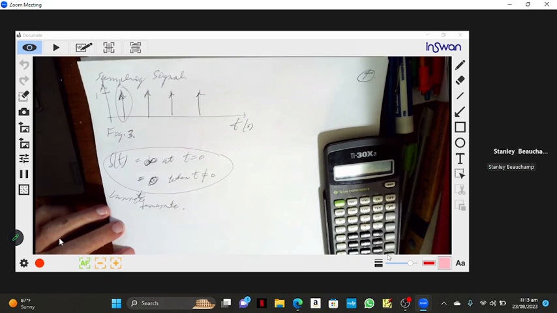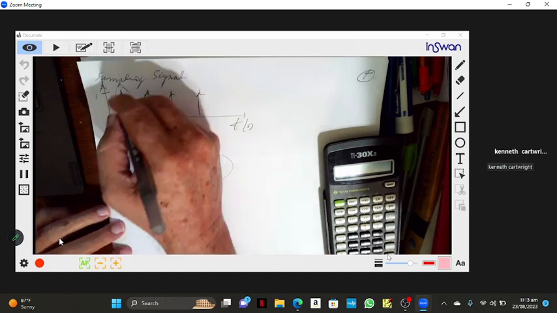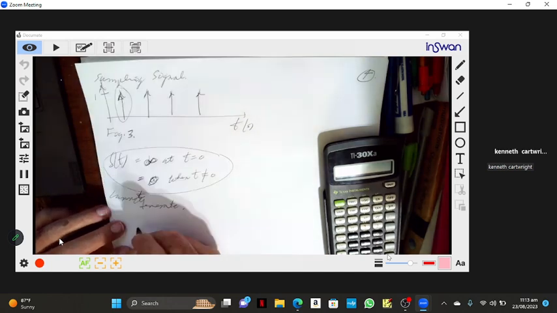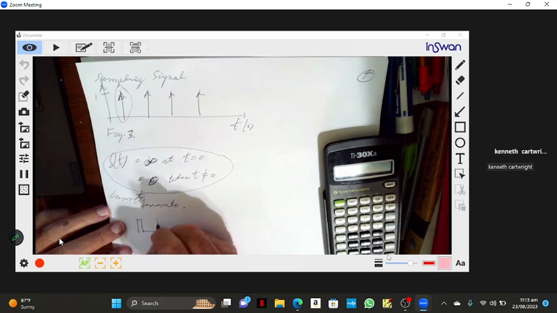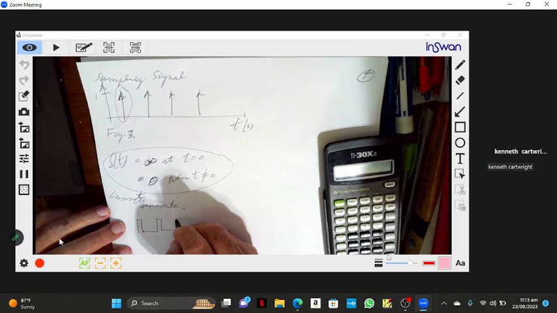Does it have something to do with a step function? We approximate this by an impulse. So we're going to approximate this impulse train by a pulse train.